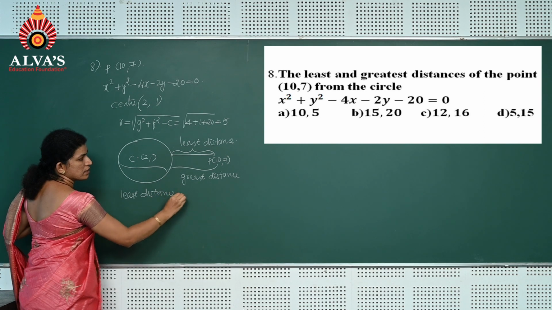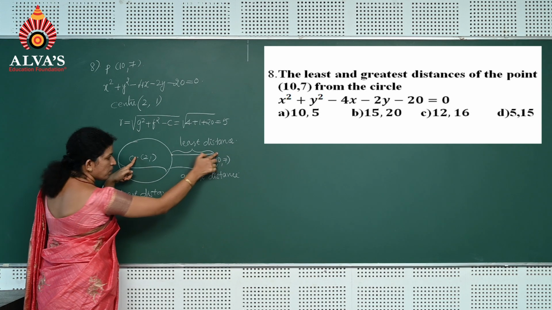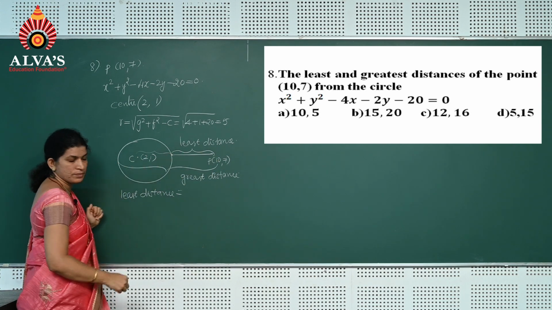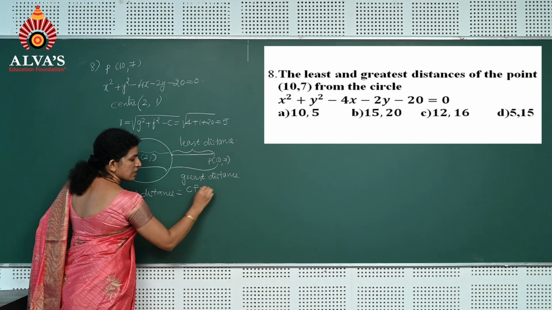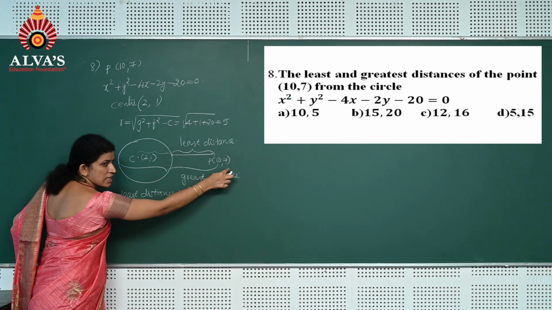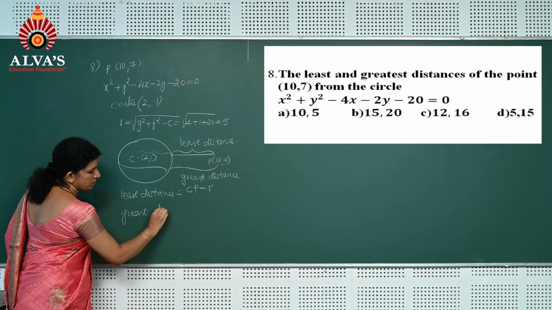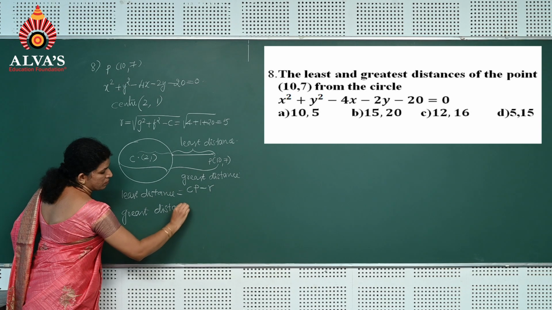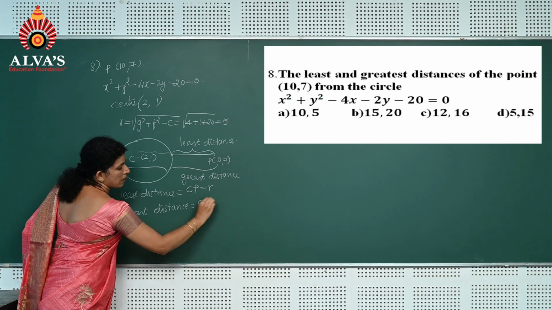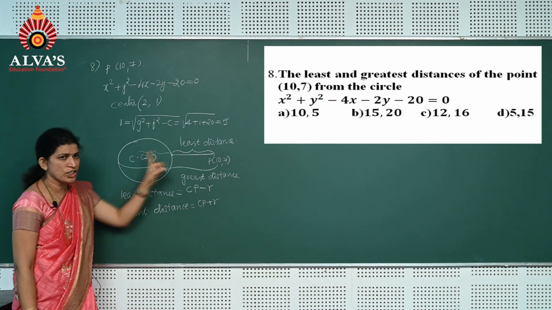Least distance means only this much distance. It is nothing but CP minus R. So, least distance is CP minus R, and greatest distance is this full distance. So, greatest distance is CP plus R. CP means it is nothing but the distance from the center to this point.